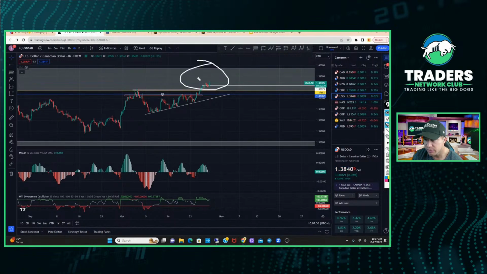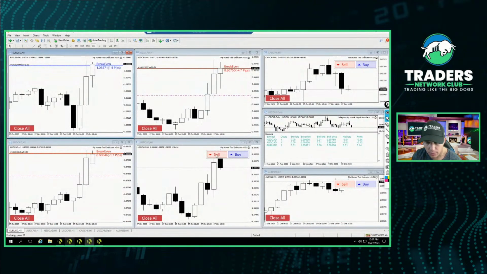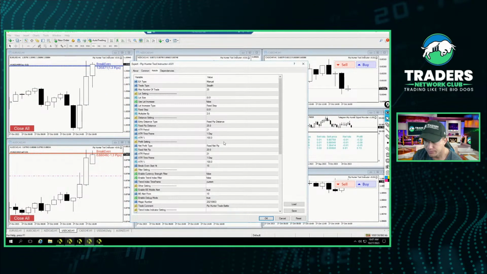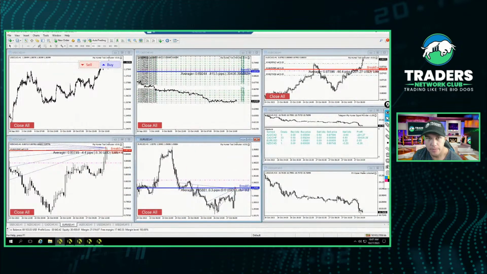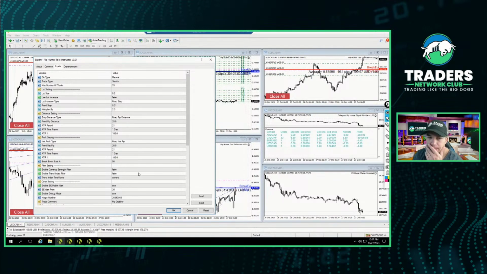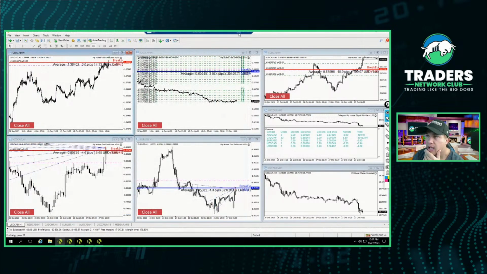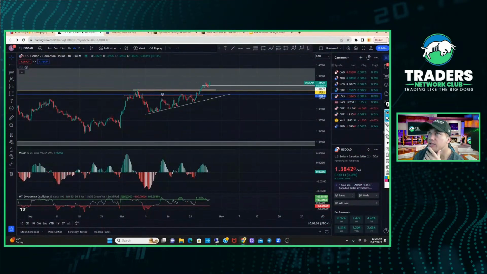Those positions we manage, we can take more profit coming down. Okay. So I'm going to go with the sell here on the USD CAD. And that's going to be the strategy there for the USD CAD, guys.